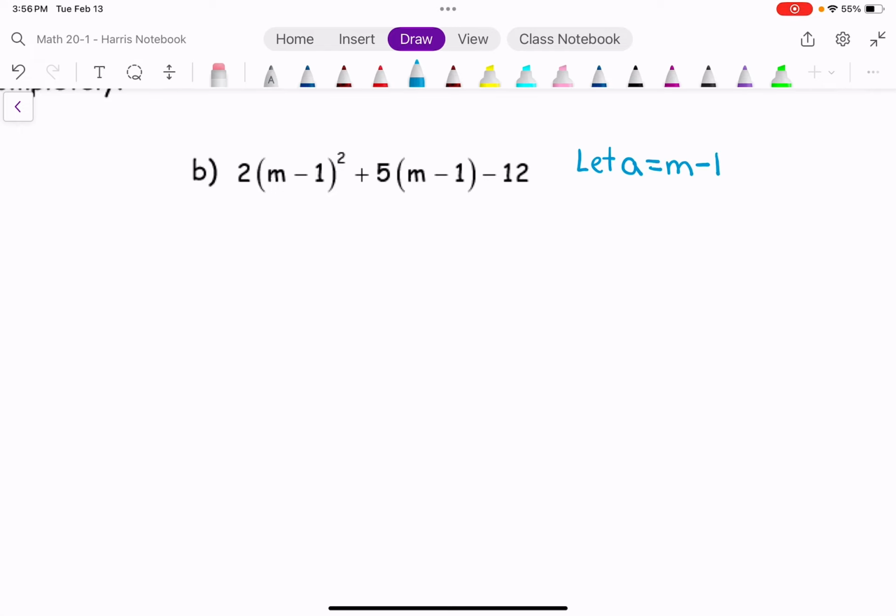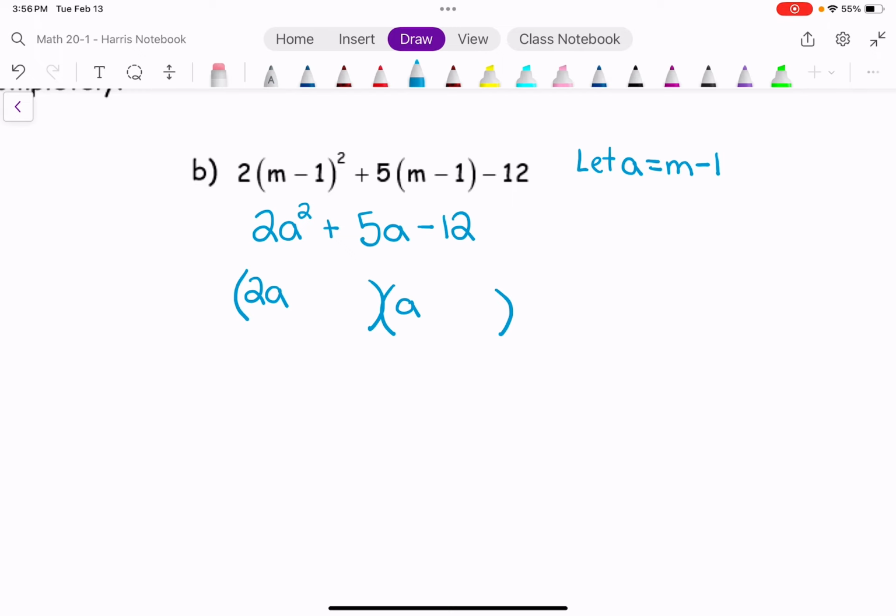I'm going to rewrite this: here I have 2A squared plus 5, there's an m - 1, so that's an A, and then minus 12. Okay, so I have a trinomial, so I'm going to split this up. I know one term has to be a 2A and one term has to be a positive A. I need to think of two numbers that multiply to get -12.